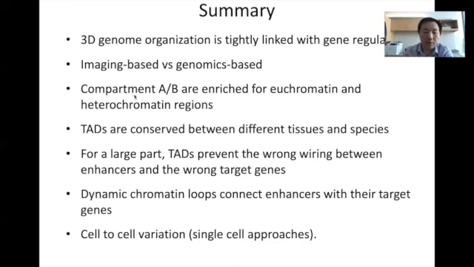Of course, compartments A and B are enriched for different chromatin, for example euchromatin and heterochromatin. TADs are conserved between different tissues and species. The disruption of TAD boundaries might have a severe effect on the phenotype and gene regulation. Personally, I think the importance of TADs is that they prevent the wrong wiring between enhancers or even repressors and their target genes.